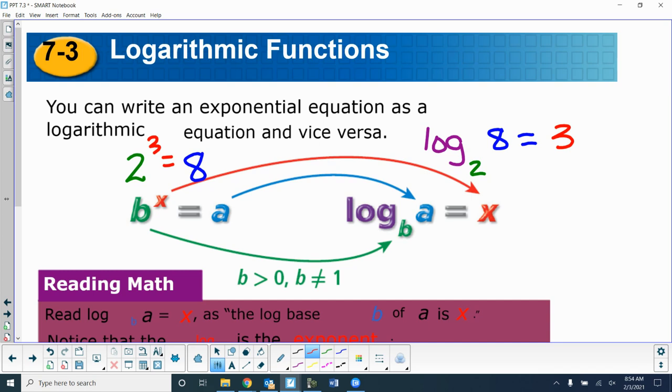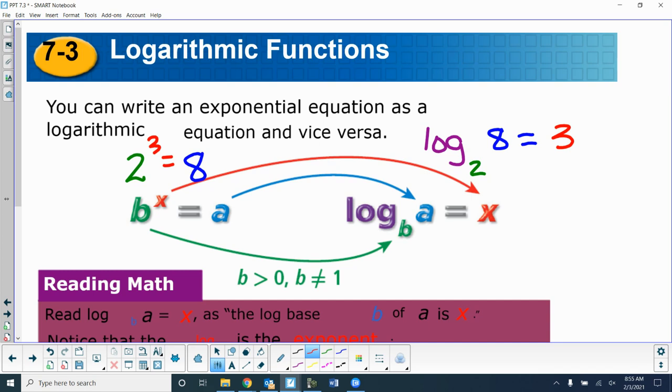You should be able to write this exponential equation as this logarithmic equation. You should be able to write this logarithmic equation as this exponential. You need to go both ways.